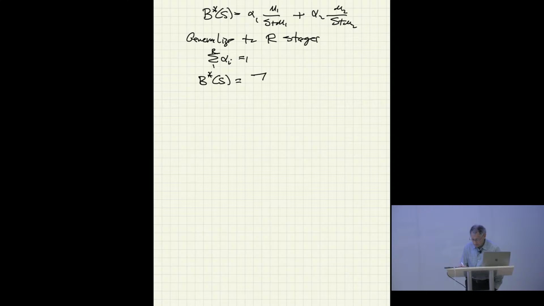It's the sum from i equals 1 to capital R of alpha i mu i over S plus mu i. This has a name. This is called a hyper-exponential distribution. It's more than exponential.